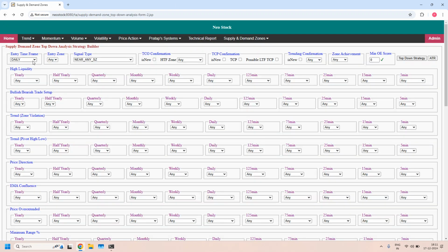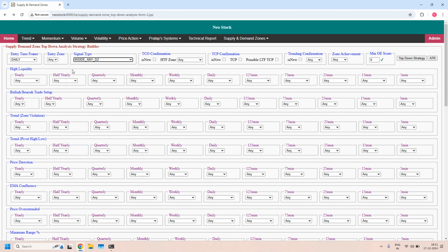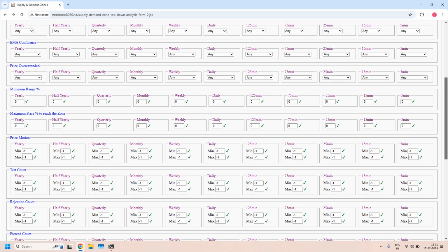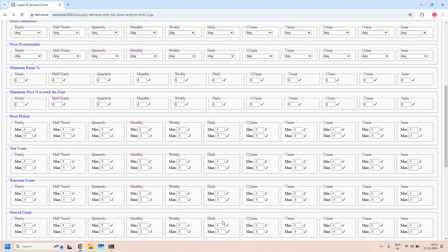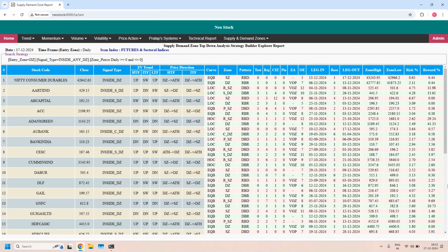Next, daily time frame. Price closed inside the daily demand zone, and these daily demand zones should not be pierced. So in the pierced count, at a daily time frame, minimum value 0, maximum value 0. With this filter, we got a good number of stocks.